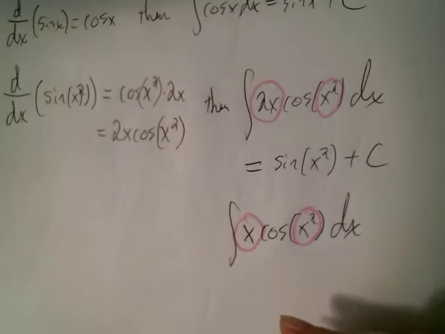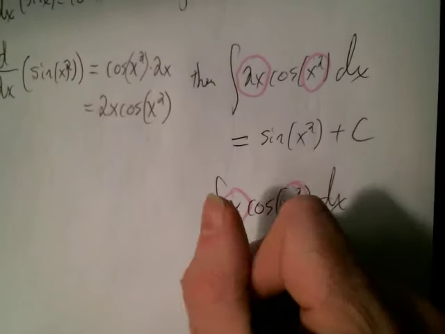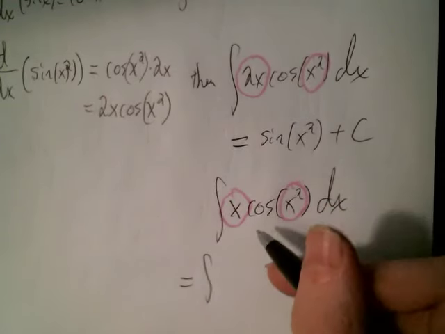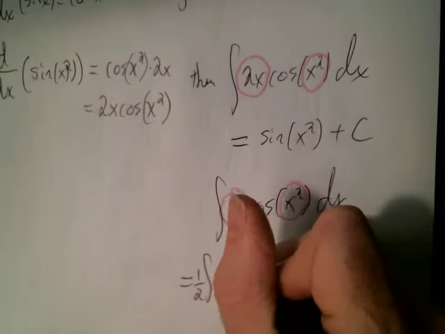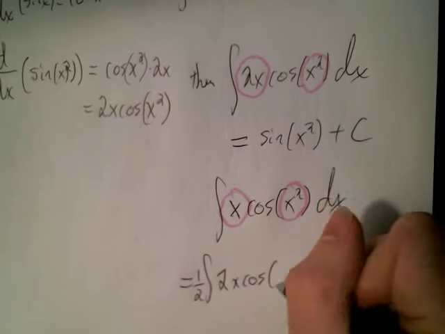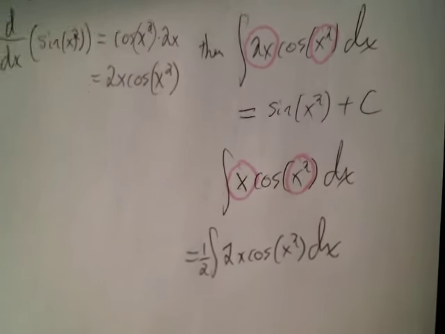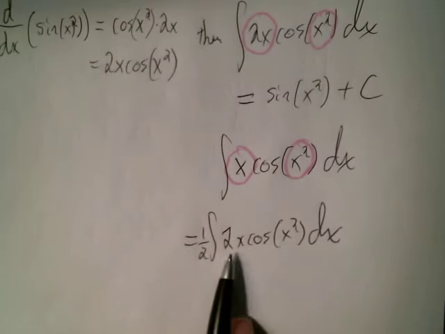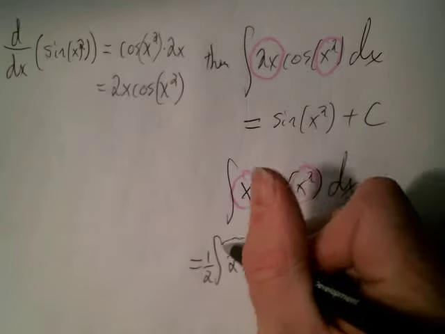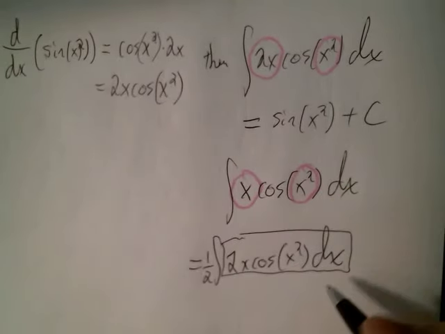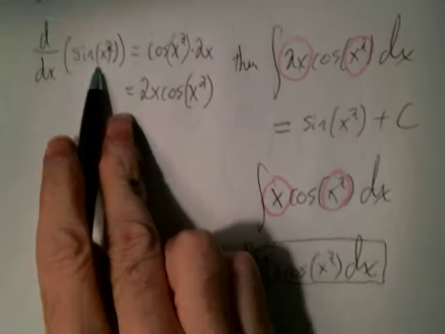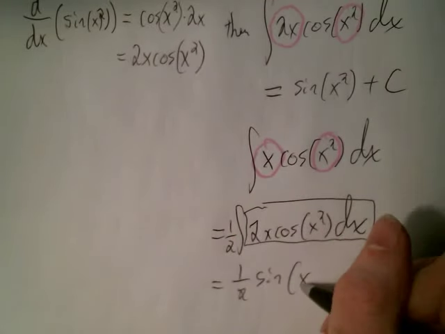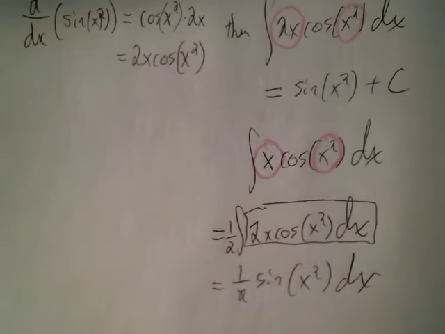So what you have to do, what the book does, is level out the playing field. So this integral is the same as 1/2 times the integral of 2x cosine of x squared dx. 1/2 times 2 will give you this, and I know the antiderivative of the thing right here. I know that's sine of x squared, so this will equal 1/2 times sine of x squared, plus c.